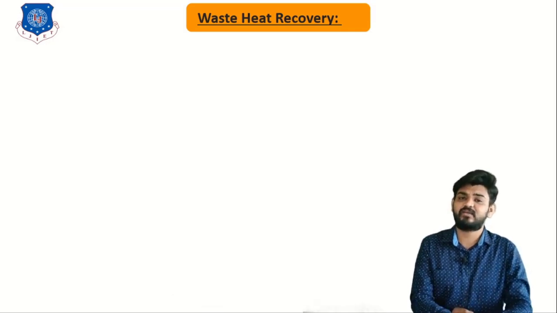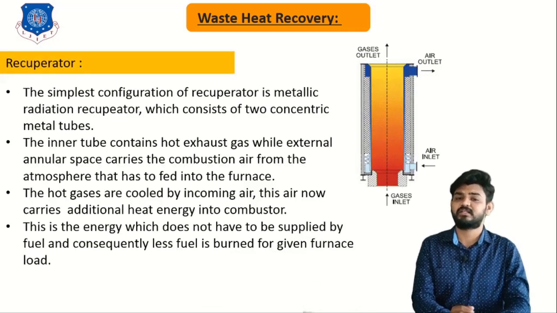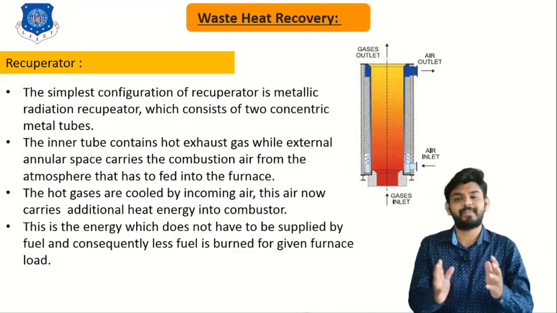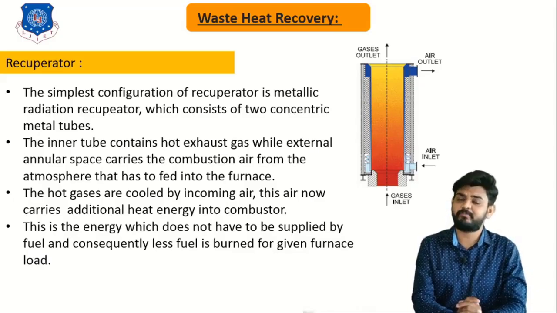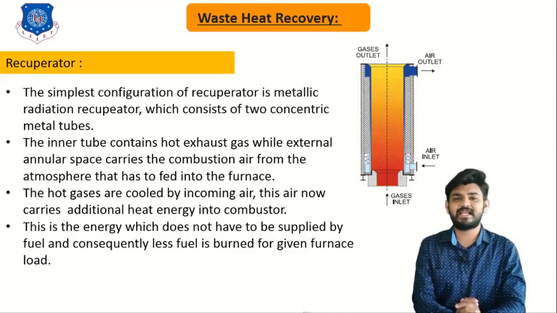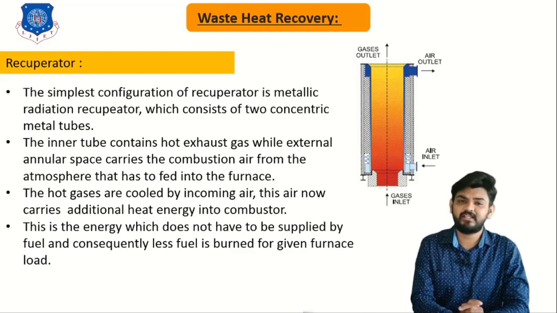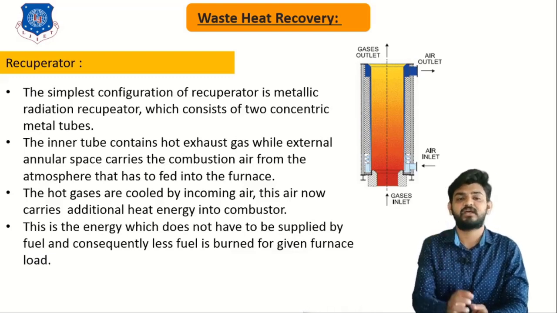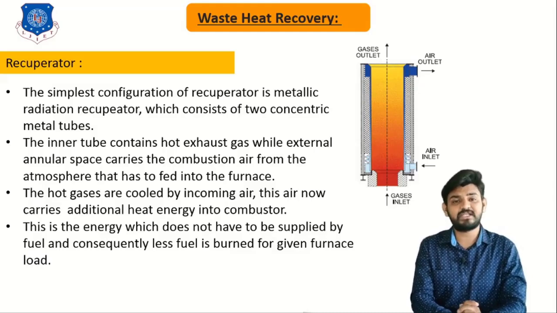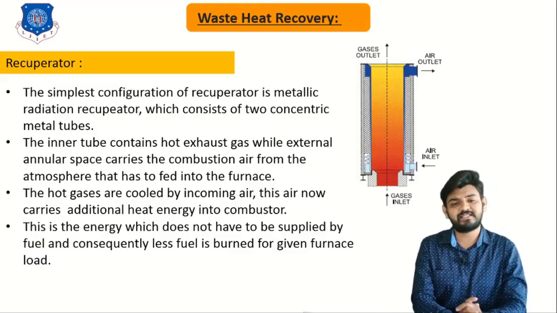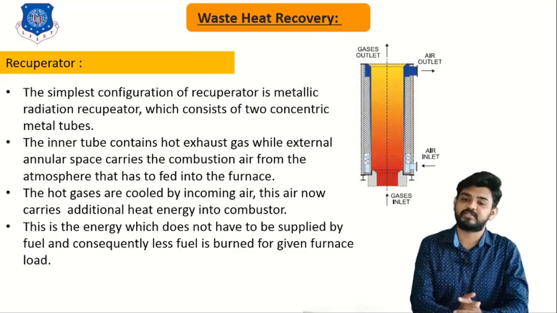There are different types of recuperators. The basic and simplest configuration of such a device is the metallic radiation recuperator, which consists of two concentric metal tubes. Here in the image on the top of the screen, you can see two concentric cylindrical tubes, both carrying different fluids.